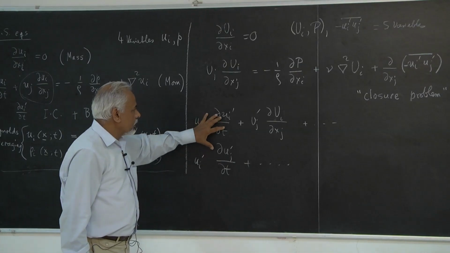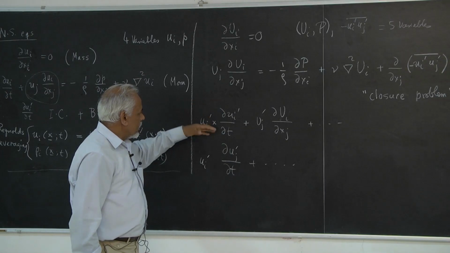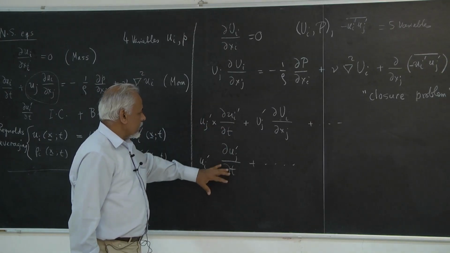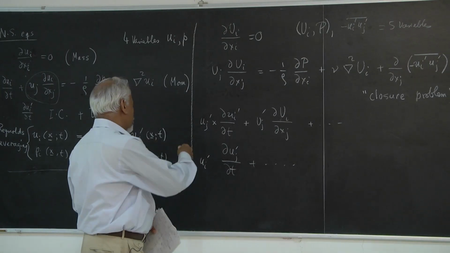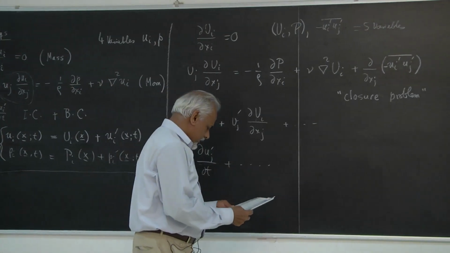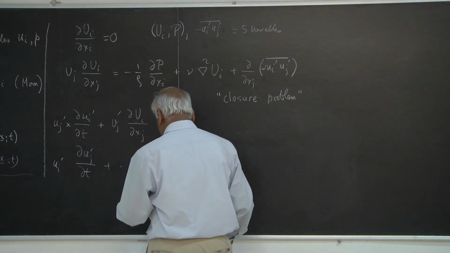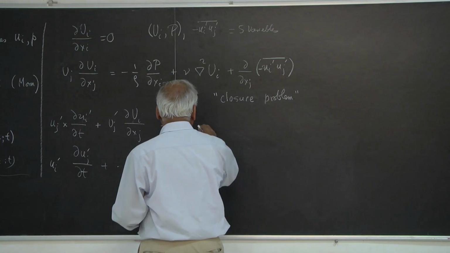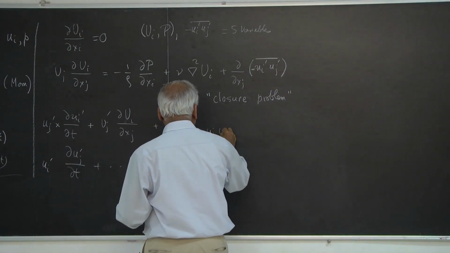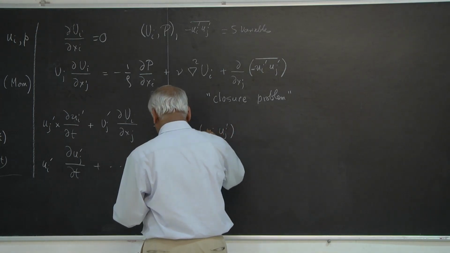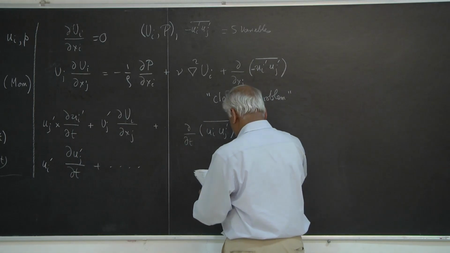And then I can just add up the two things. You can do it in several different ways. But basically, I get an equation for ui prime uj prime average, which I write down without doing anything. Well, that's my interest, right?